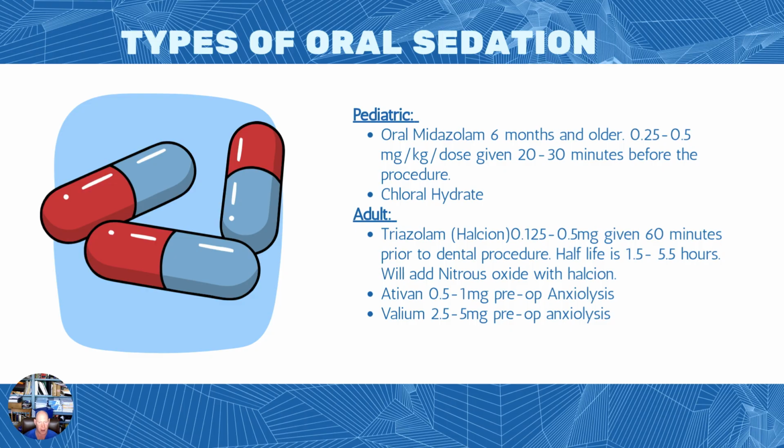The half-life is an hour and a half to 5.5 hours. Especially in older patients, the half-life will be longer. Sometimes with Halcion, nitrous oxide is used also. Again, with oral sedation you still need to maintain mild to moderate sedation, and in mild to moderate sedation, the patient must be able to maintain their airway.